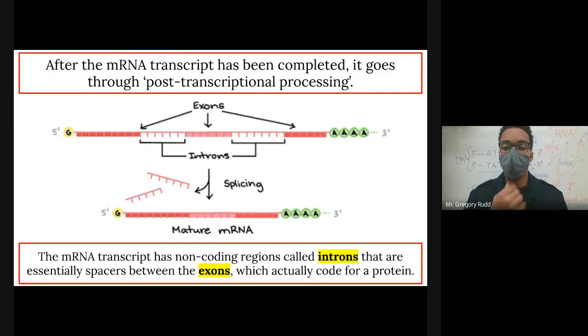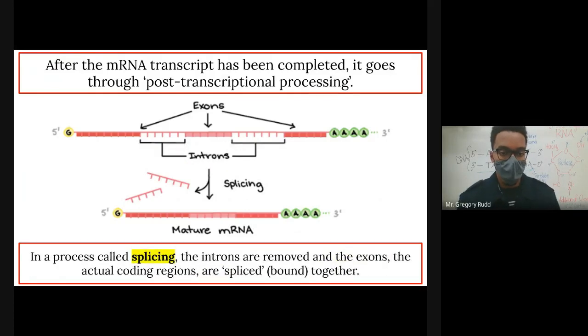The introns get cut out, and then the exons get bound together. They get spliced together. The introns get removed, and then the exons are spliced together.